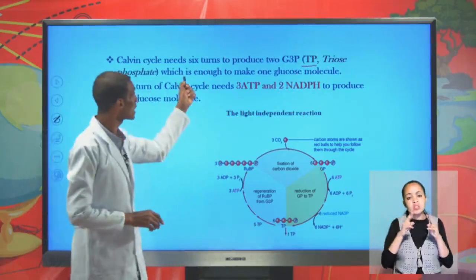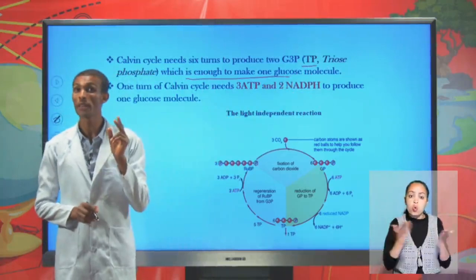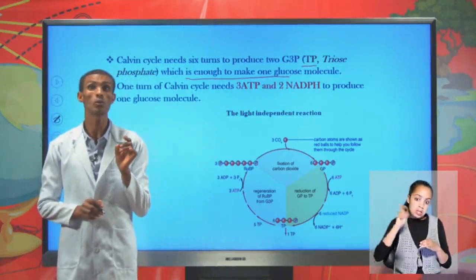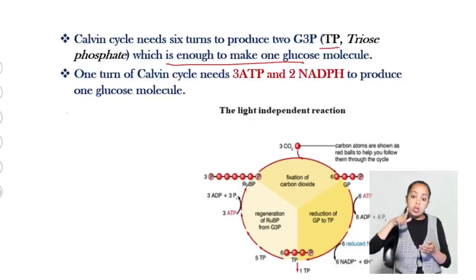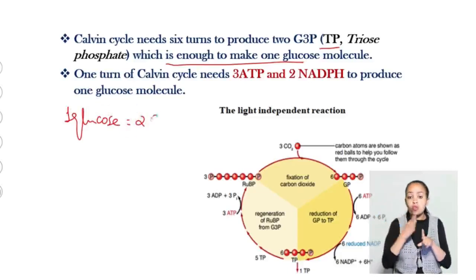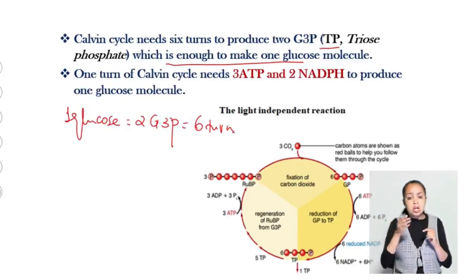which is important for the makeup of one glucose molecule, where one turn of the Calvin cycle needs 3 ATP molecules and 2 NADPH molecules. Let's say here, one glucose molecule is made from two glycerate-3-phosphate molecules, which need about 6 turns, where each turn consumes about 3 ATP molecules and 2 NADPH molecules.